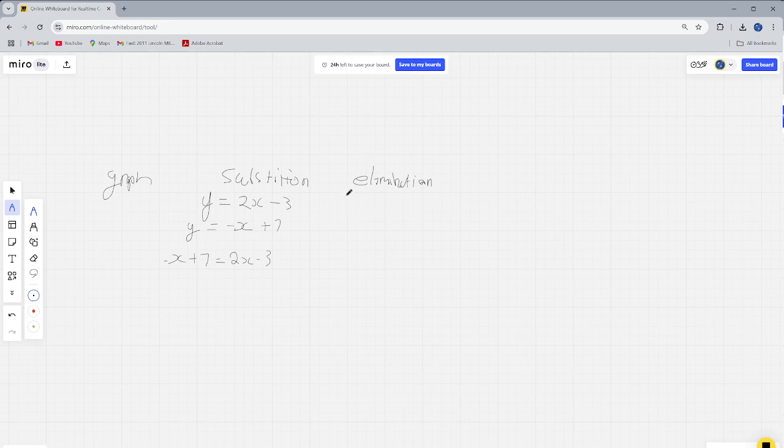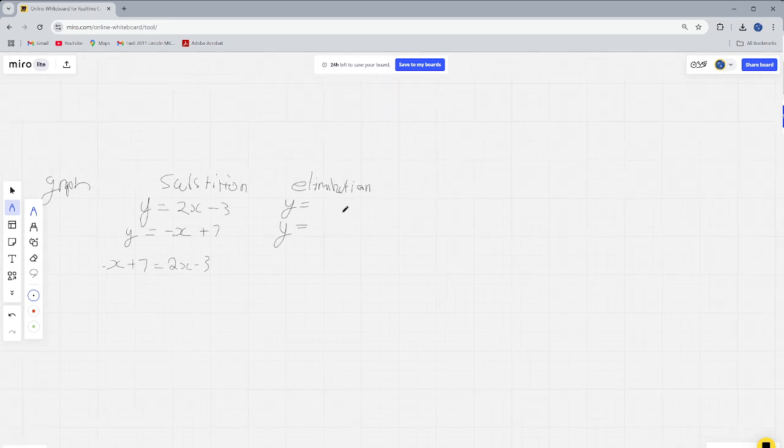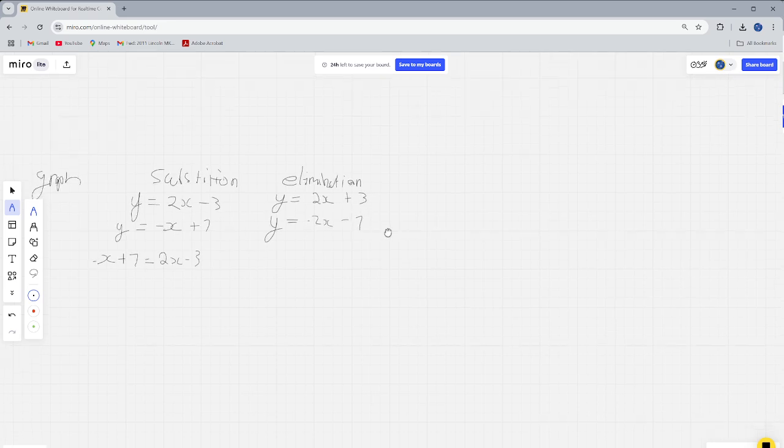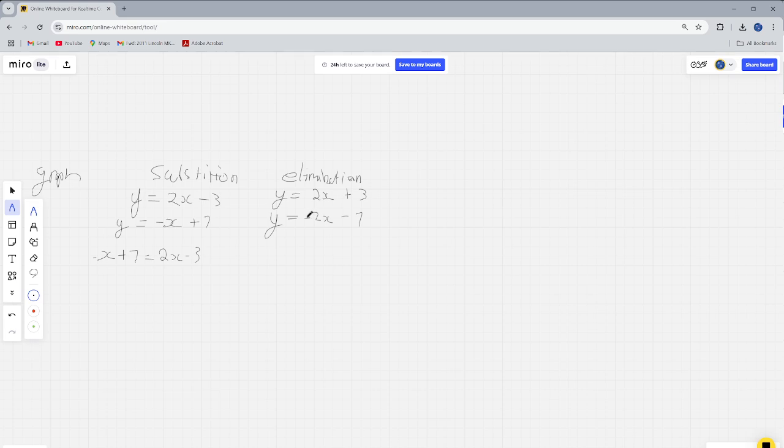When we use elimination, it can be set up very similarly where we still have y isolated, and this is just called slope-intercept form. You'll see most of your equations like this. But the time you'll use elimination is when you have something like 2x and negative 2x. In this case, we can just add these equations together.